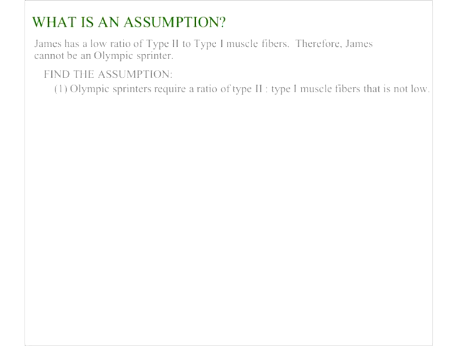And then assumption 2 is: athletes require a ratio of type 2 to type 1 muscle fibers that is not low. For those of you who just got here, we're doing find the assumption in critical reasoning.